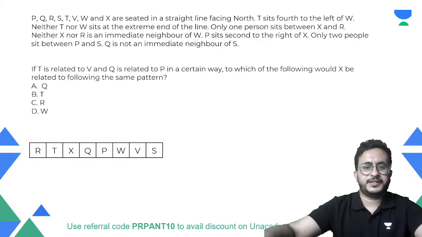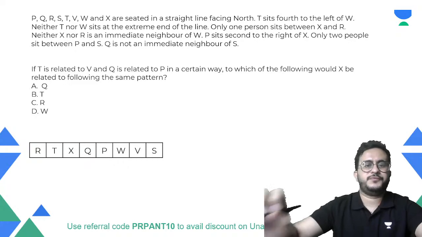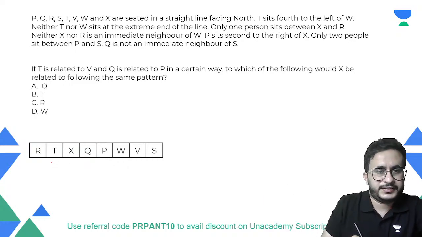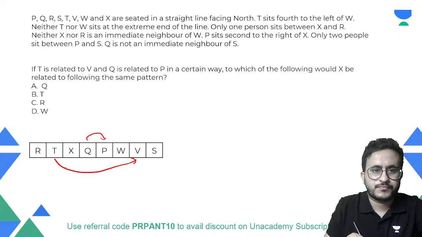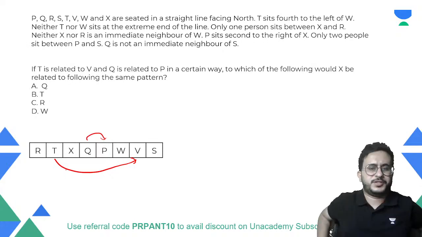So if we see the pattern, in these questions we have to see the pattern. So T is related to V. Then Q is related to P. X will be related to which person, right?